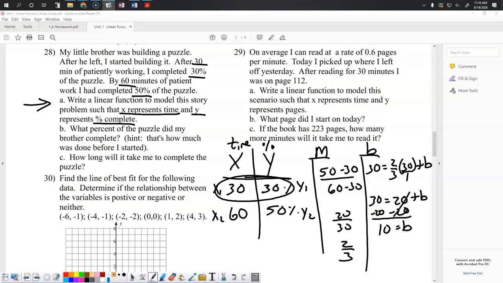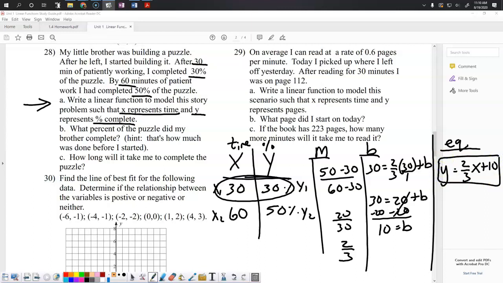And we get b equals 10. So the equation of the line, which is our answer to part A, is y equals 2/3 x plus 10.